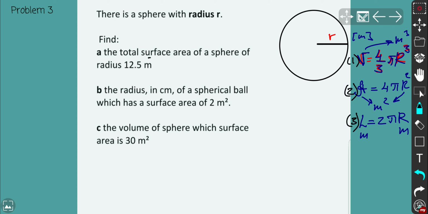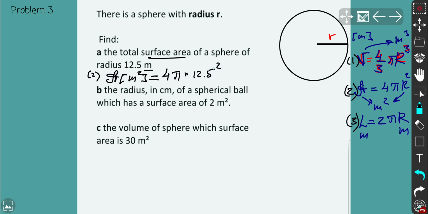In this case, for surface area, make sure you use formula 2. According to formula 2, with the radius in meters, your area is going to be in meters squared, definitely. You'll use 4 pi, and here r squared means 12.5 squared, and you have meters squared as well. That's good. In your calculator, make sure you use your pi button.